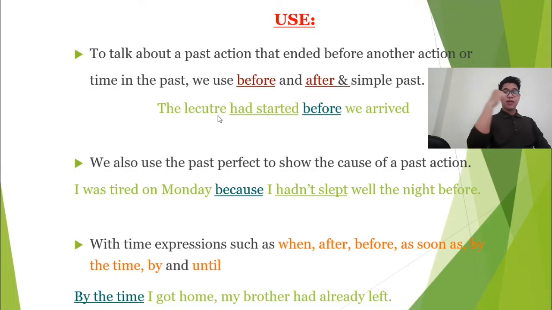Clear? Okay. We continue. We also use the past perfect to show the cause of past actions. For example, I was tired on Monday because I hadn't slept well the night before. Because I hadn't slept well the night before, I was tired on Monday.